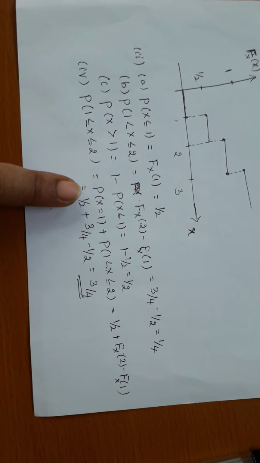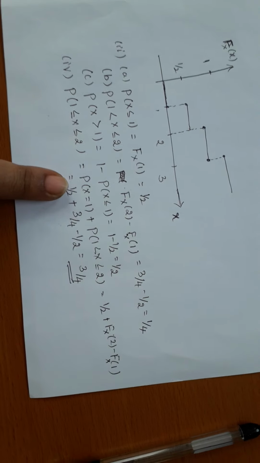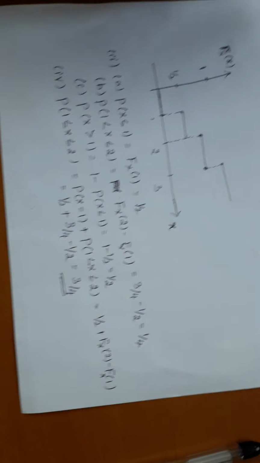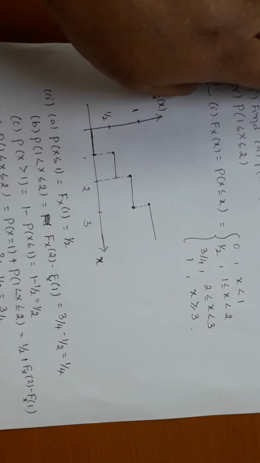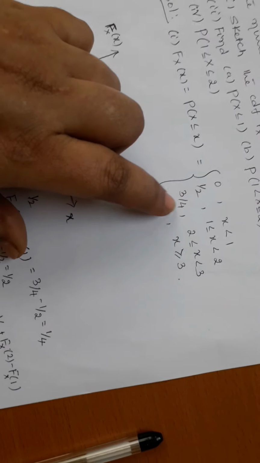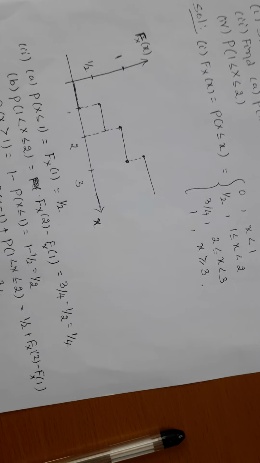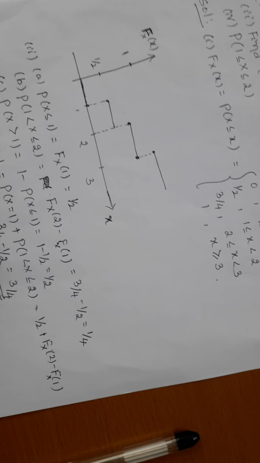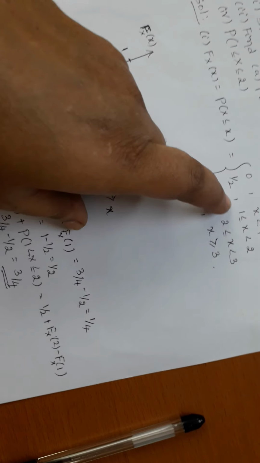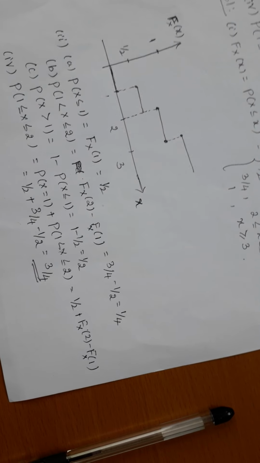Then you have probability of x is equal to 1. Probability of x is equal to 1 means what actually? The number of binary symbols is 1, which means B. Probability of B, what they have given is 1 by 2. Observe this: probability of x is equal to 1 is 1 by 2, plus probability of x greater than 1 and less than or equal to 2.